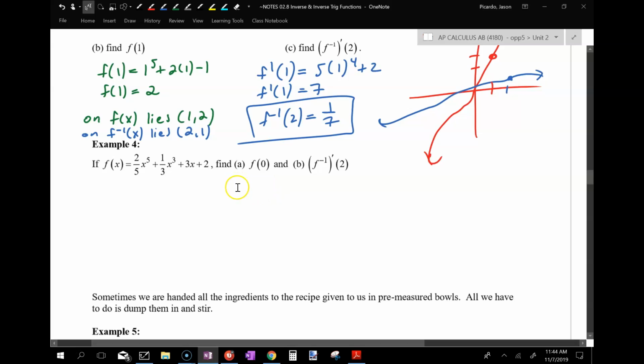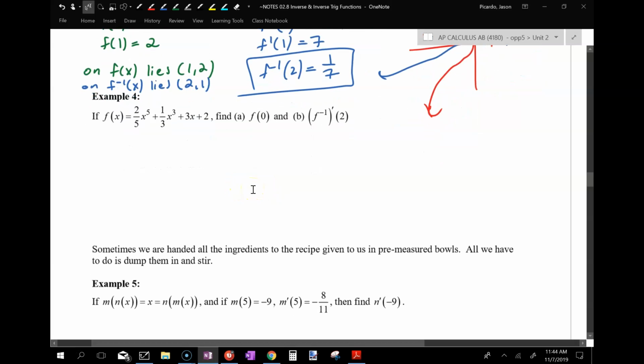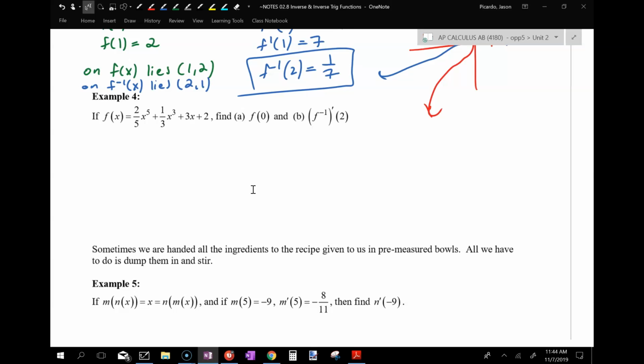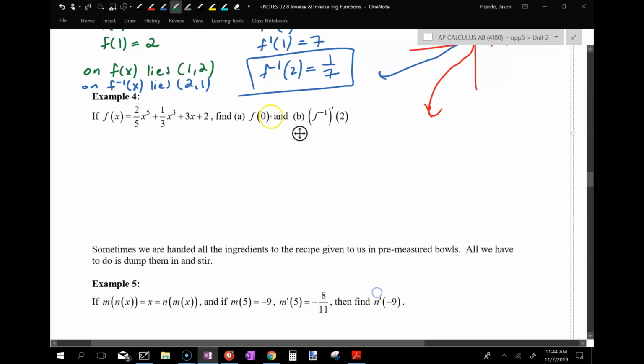So again, look at this, right? Does it make a lot of sense, guys, for me to try to find an inverse of that? Could I? Yeah. Seems like an awful lot of work, right? So here's what I want to know. First thing, what is f of 0? Well, f of 0 simply means I need to do what?